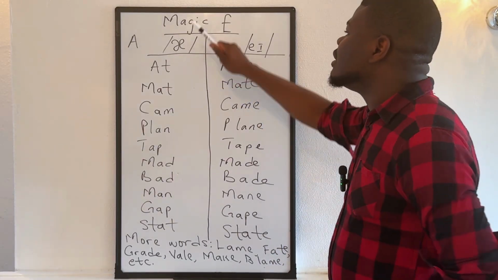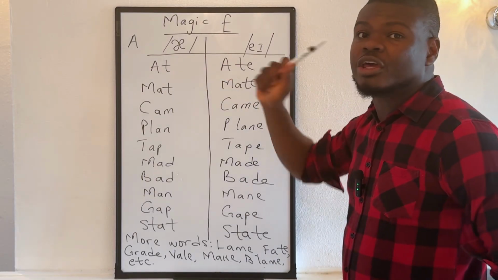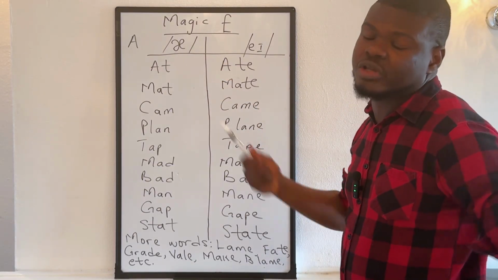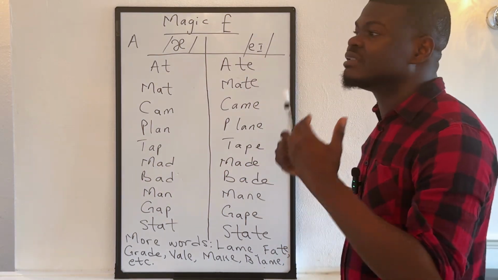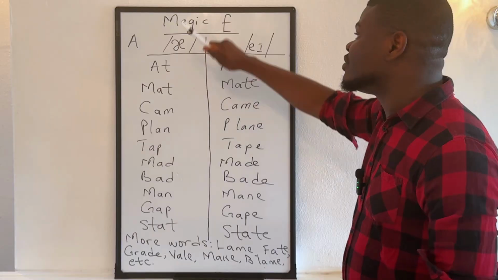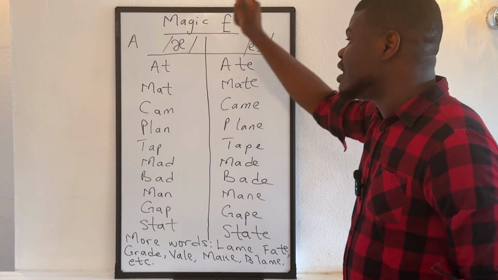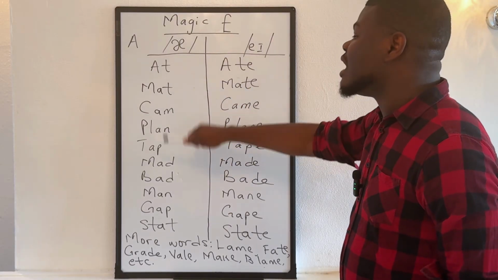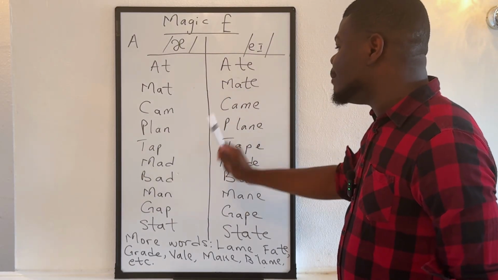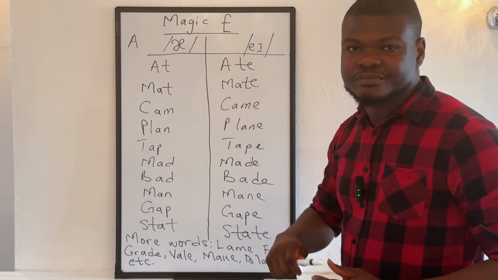So normally, when you have letter A followed by a consonant letter, or a consonant sound, the letter A is pronounced as the A sound, as you can see in the word at, in the word mat, in the word cam, in the word plan, in tap, mad, bad, man, gap, and start.